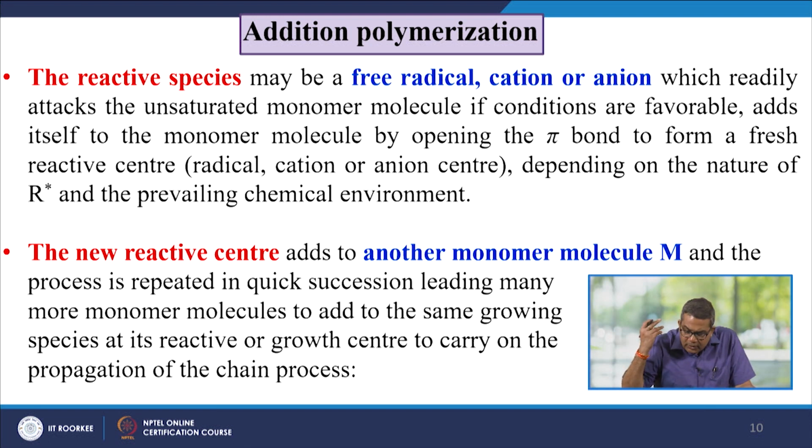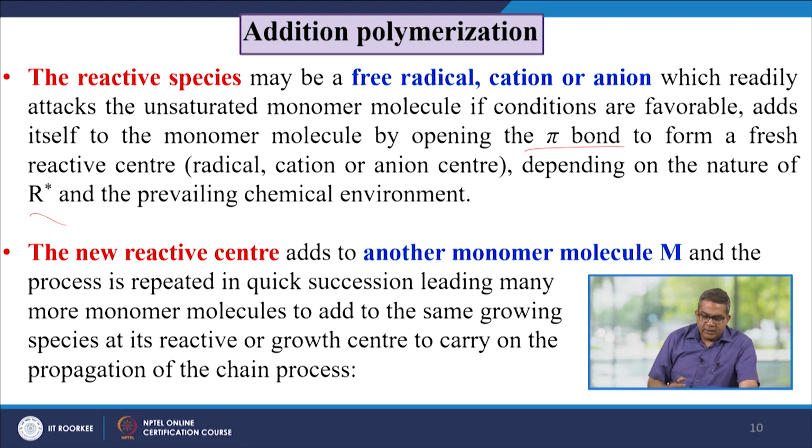The reactive species, which readily attacks the unsaturated monomer molecule if conditions are favorable, adds itself to the monomer molecule by opening a pi bond to form a fresh reactive center, that is a radical, cation or anion, depending on the nature of the radical and the prevailing chemical environment.